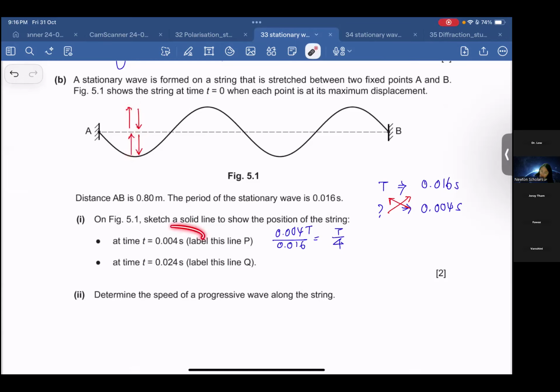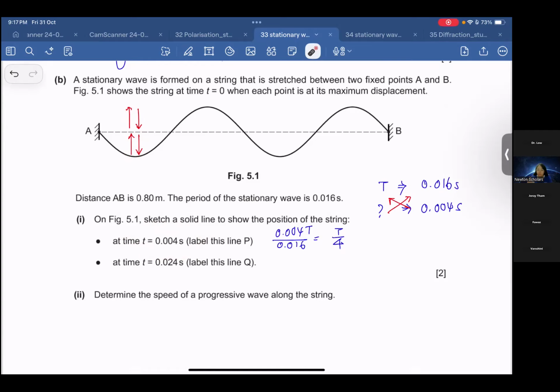So right now the question is asking you, at 0.004 second, where is the point here? What do you guys think? Where should I go for this point? Yes, correct, dear.